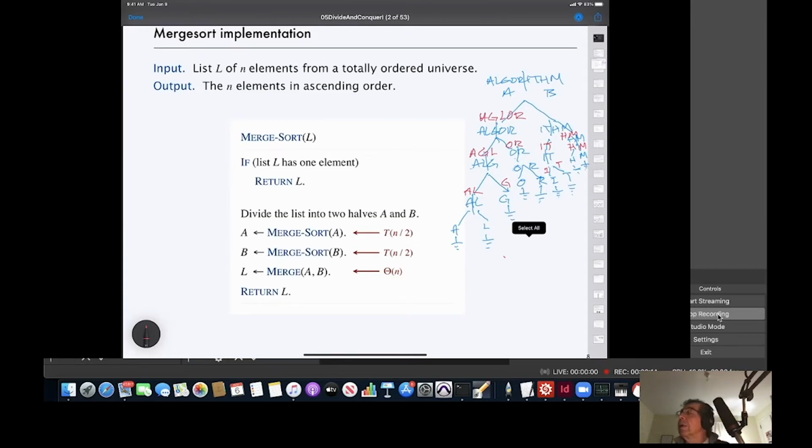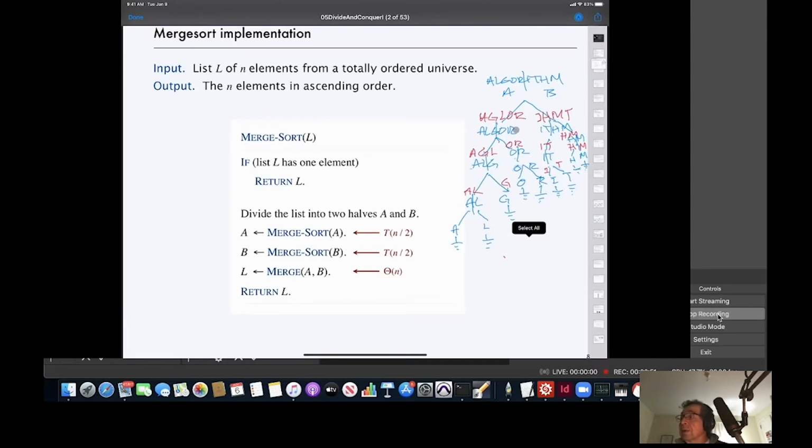So compare I against H, we would get H first, then I and T against H, then I would come first, then T against M, then M would come first, and then T would come afterwards. And by that time, we are at the end of the second recursive call of the first recursion level, the top one, and we need to merge the 2 results that we get from the previous recursive calls.